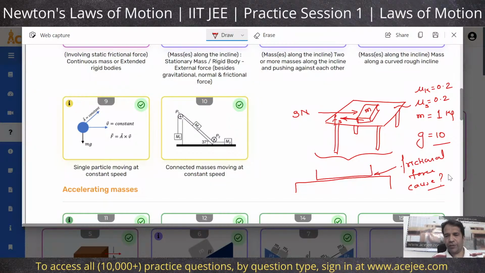What is the cause of the frictional force between two bodies? So the interlocking of the surfaces, sure.